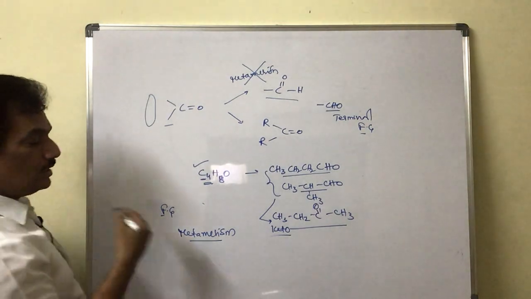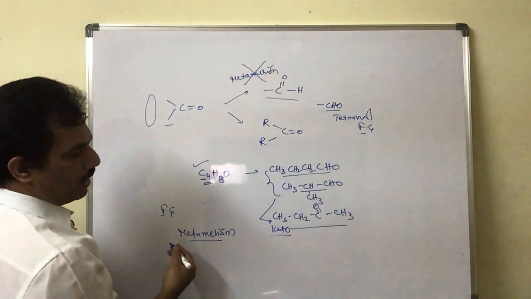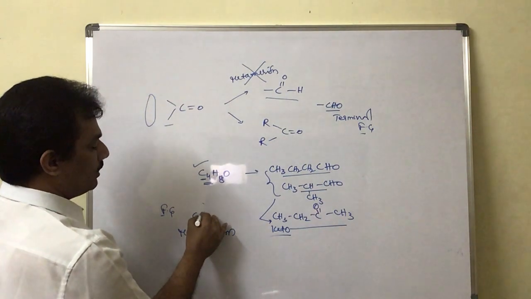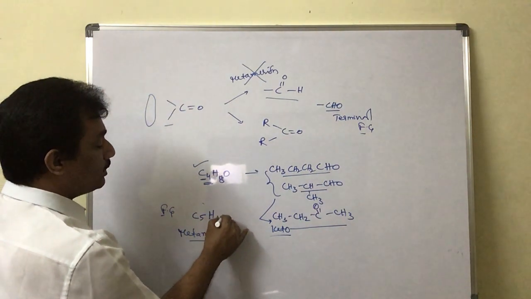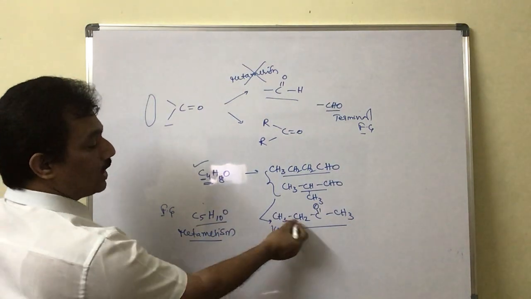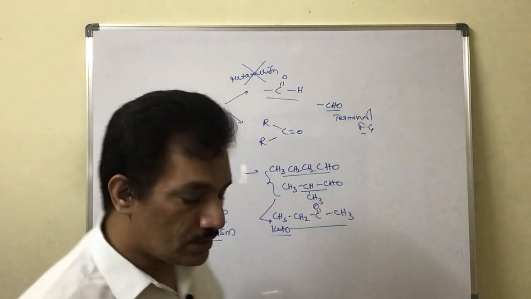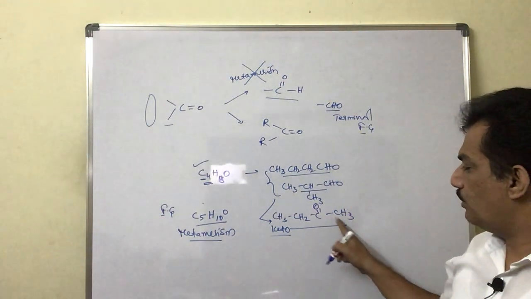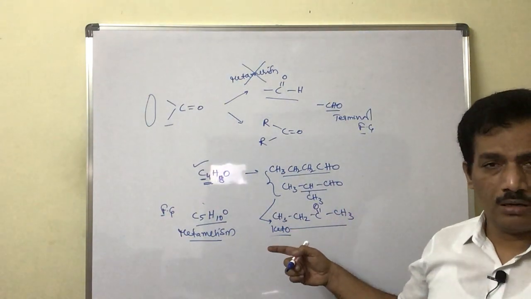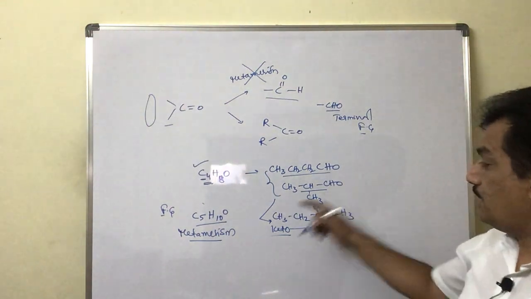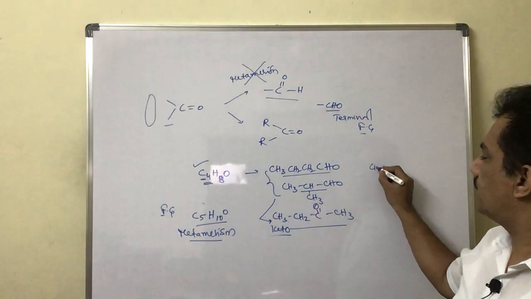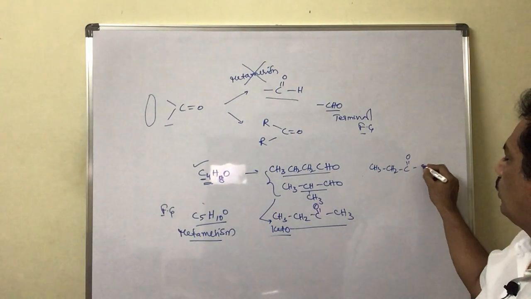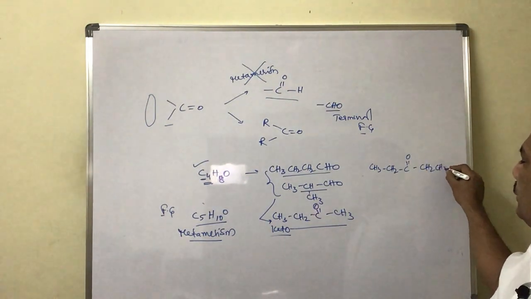In metamerism, remember, it is possible only when the compound has a minimum of 5 carbons. With 4 carbons, say for example, we already wrote this keto form. Here the alkyl groups methyl and ethyl are present, and no other formation is possible. But when it is C5, we can write CH3, CH2, C double bond O, CH2, CH3.